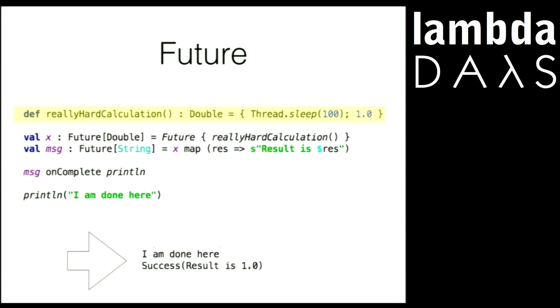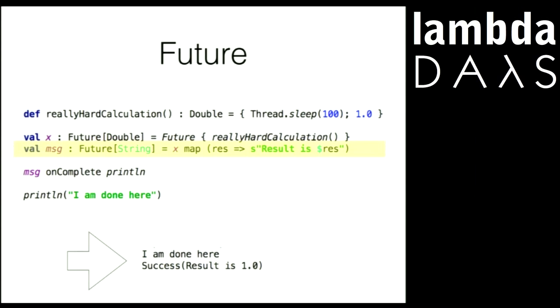So let's say we have a really hard calculation, which produces a double. Because it's hard, we're going to wrap it in a future, so it's going to produce a future of a double. Before we return it, we want to convert it to a string and wrap it. So that's why we're going to use a map function.